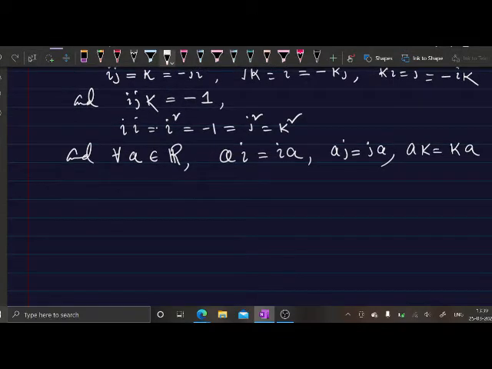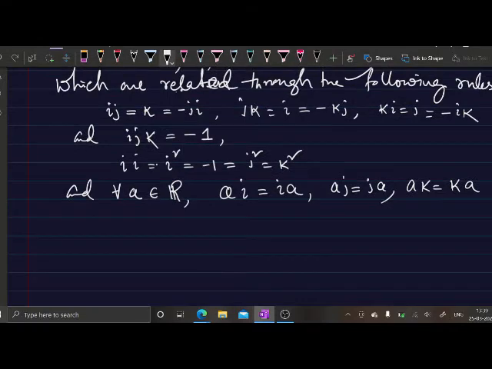If you take any real number a and put it with i, then it will be equal to ia, aj equals ja, ak equals ka.